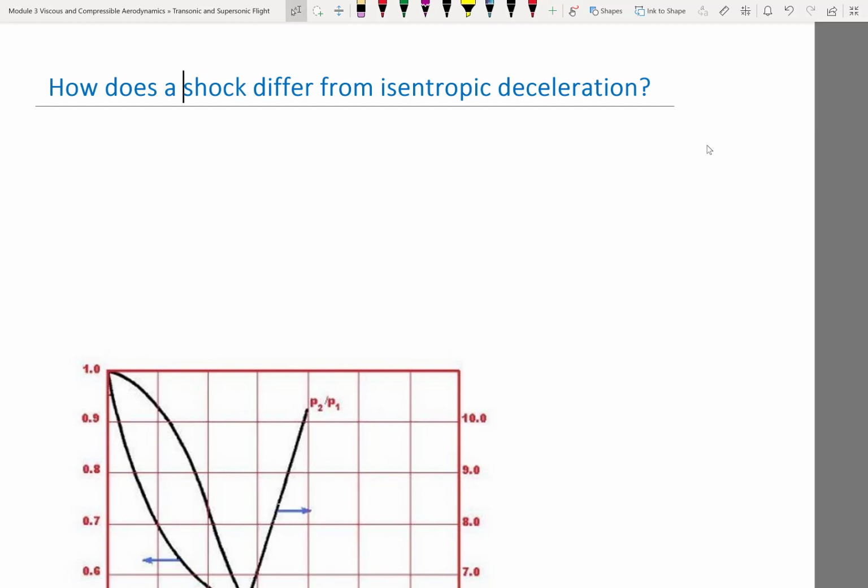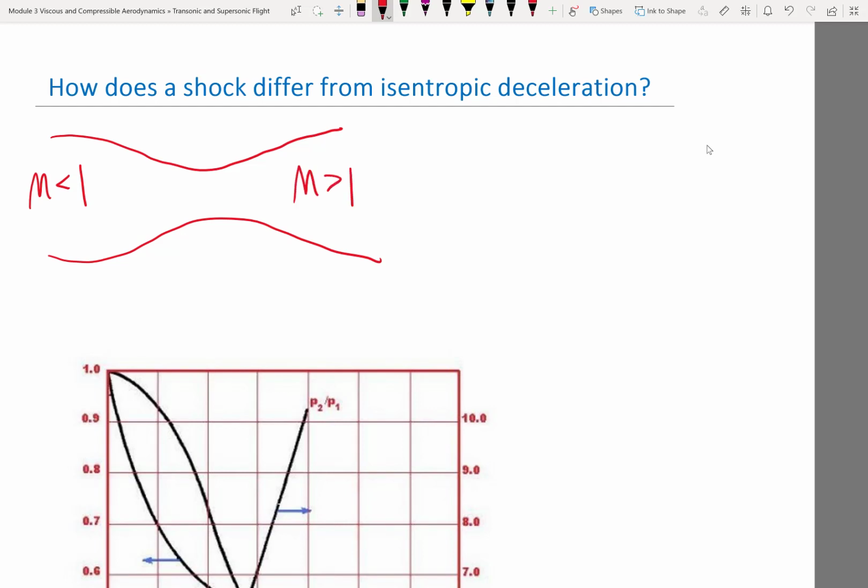So let's actually consider how they differ, all right? So imagine, first of all, we have a flow that is symmetric in the sense that it accelerates from Mach less than 1 through this converging then diverging streamline geometry to Mach number greater than 1, right?